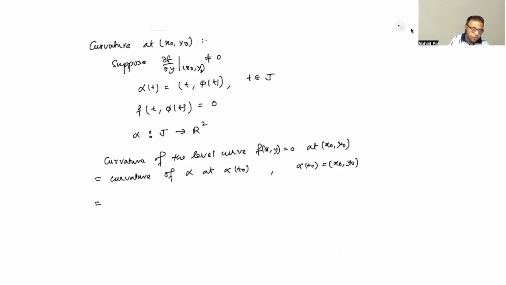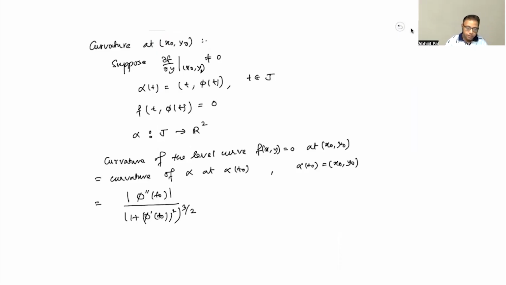The curvature here will be equal to the modulus of phi double prime(t0) divided by (1 plus phi prime(t0) squared) to the power 3 by 2.